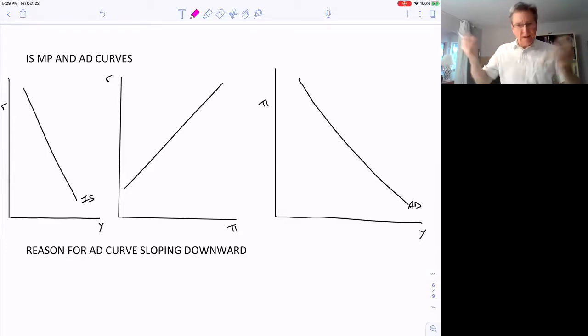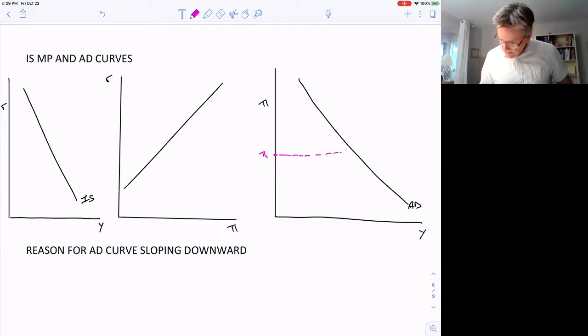So let's say we are at some particular level of inflation. We'll call it pi 1 right here. And at pi 1, the aggregate demand will give us a real output of Y1.